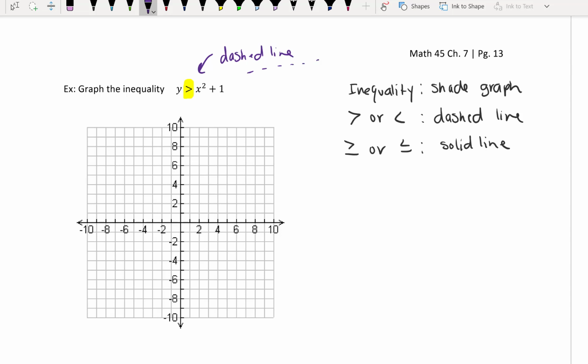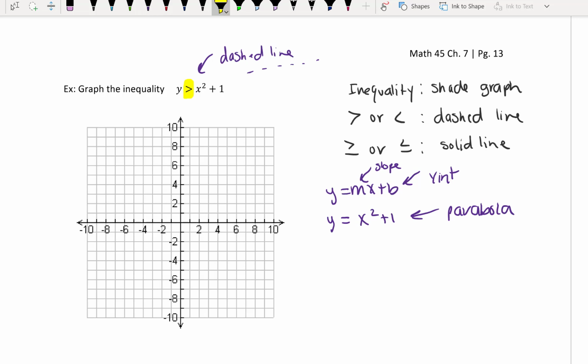So let's think about if we were to have y is equal to mx plus b, where m would be your slope and b would be your y-intercept. So if I have y is equal to x squared plus 1, this is actually a parabola because I have a degree 2 on the x.